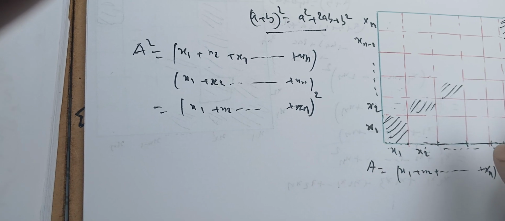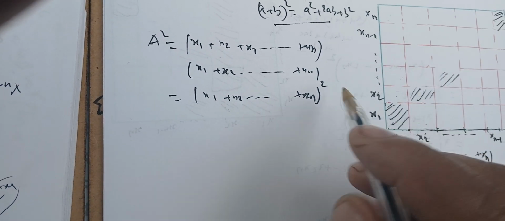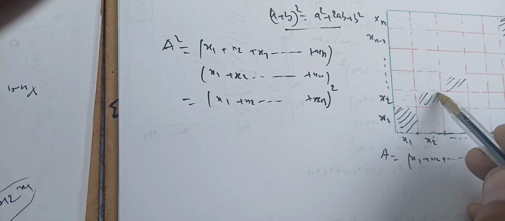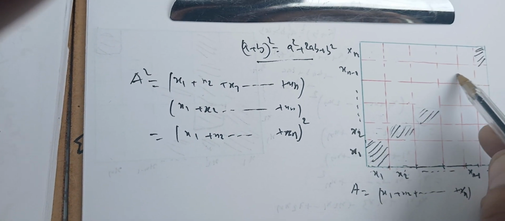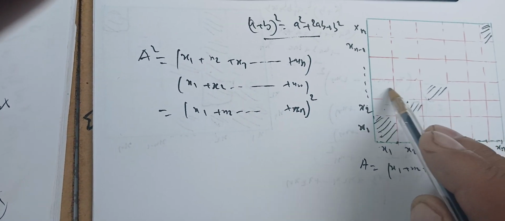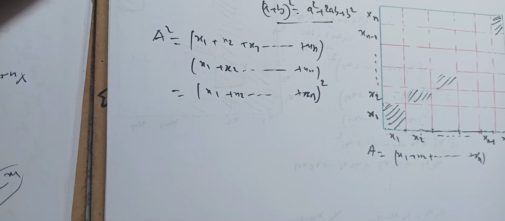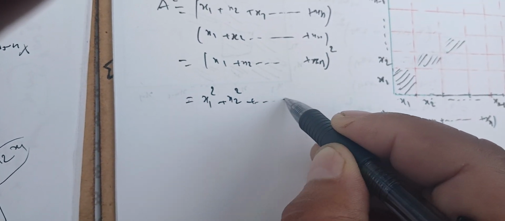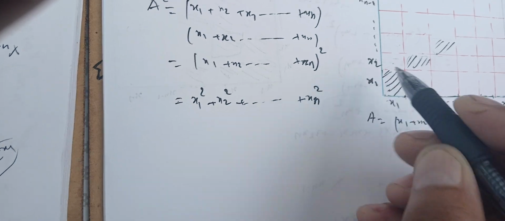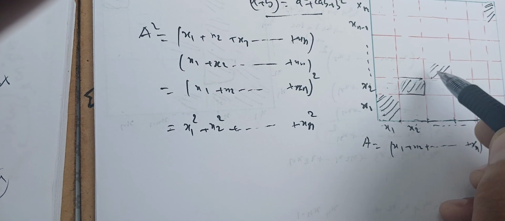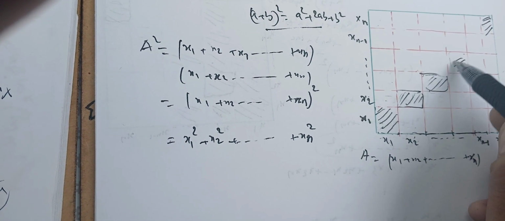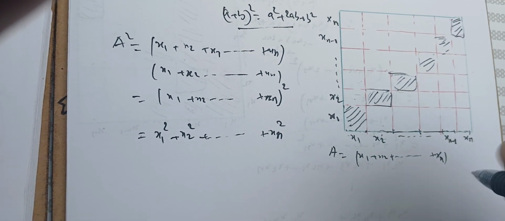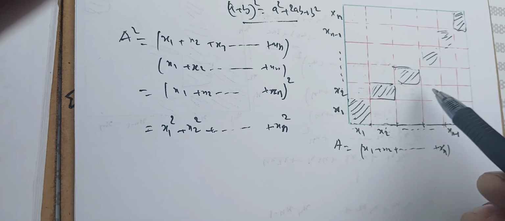We can sum the area of this square as the area of the squares plus the areas of the rectangles. So it's going to be x1 squared plus x2 squared, etc. plus xn squared. So I sum the area of the squares. So what's left is the area of the rectangles.